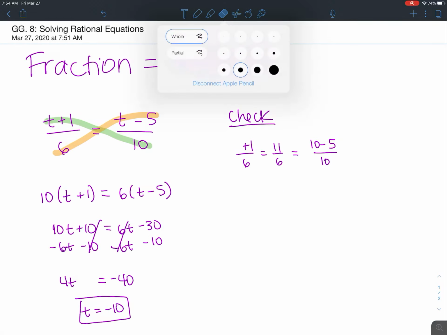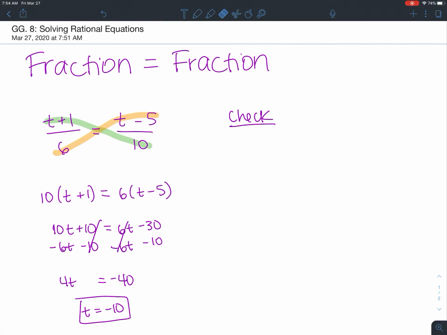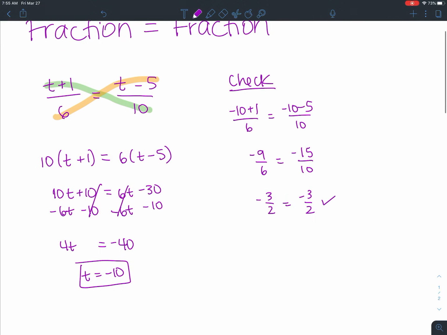Let's try that again. Negative 10 plus 1 over 6 equals negative 10 minus 5 over 10. So we get negative 9 over 6 equals negative 15 over 10. That is negative 3/2, and so is that. So yes, this works. So that was problem 1.